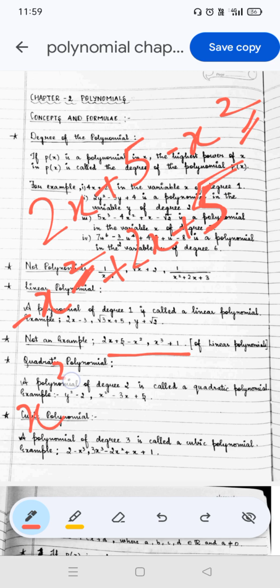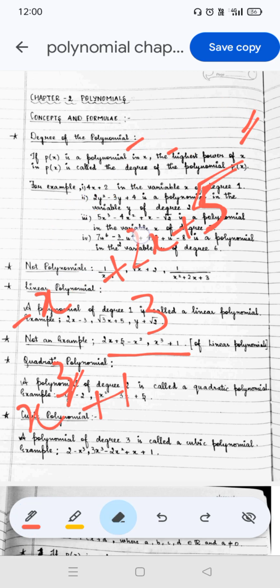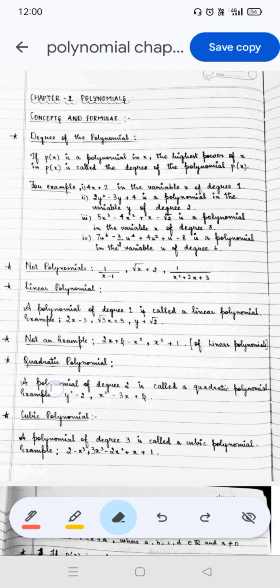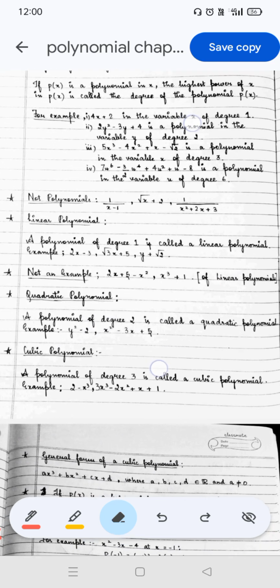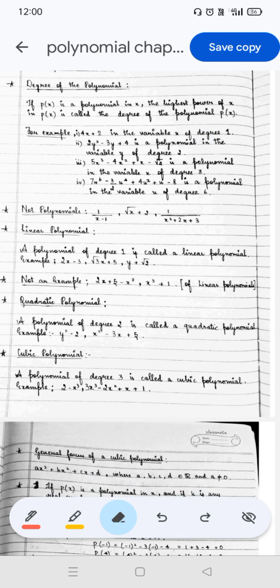Similarly, x cube plus 1. Over here the power is 3. Hence it is a cubic polynomial, not an example of linear polynomial. Moving on, define quadratic polynomial. A polynomial of degree 2 is called a quadratic polynomial.